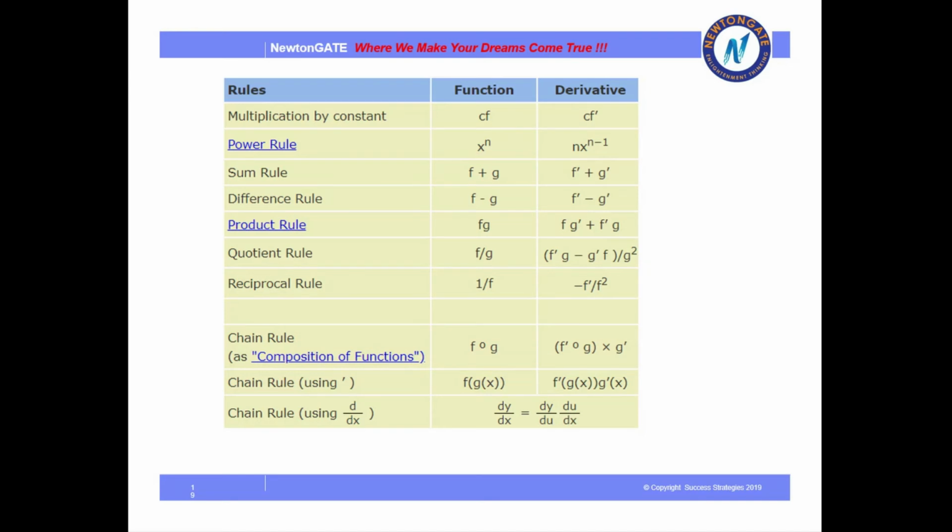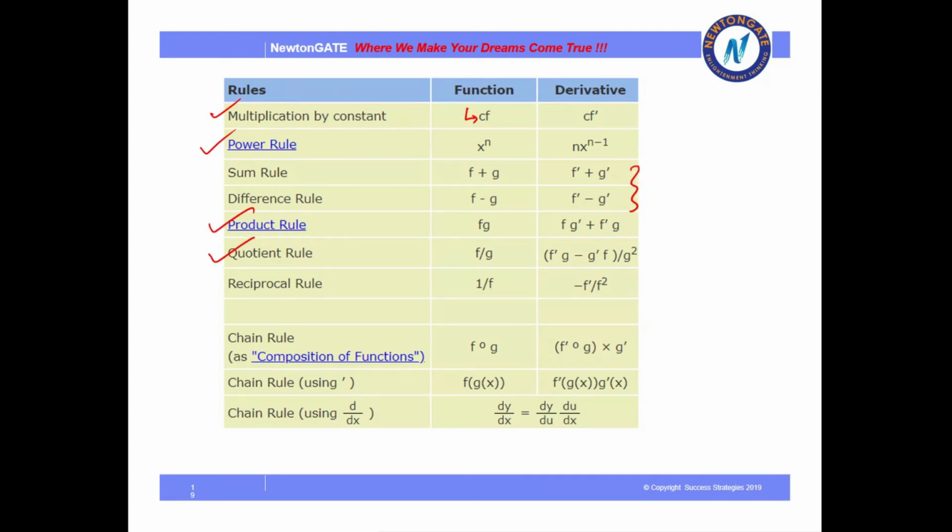Now the rules for derivatives are quite simple. It generally follows the power rule, multiplication by a constant, where c is a constant and we get c into f dash, the product rule and the quotient rule. Sum and difference rules are very easy.